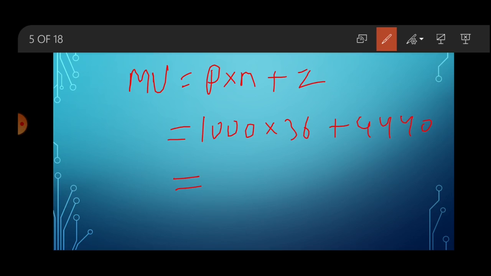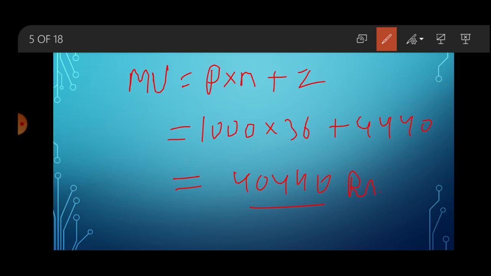Now you calculate all the values, and your answer will be 40440. You can check it on your own. So this is your maturity value.